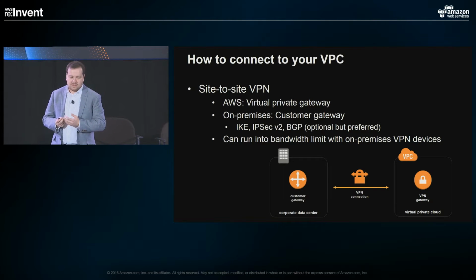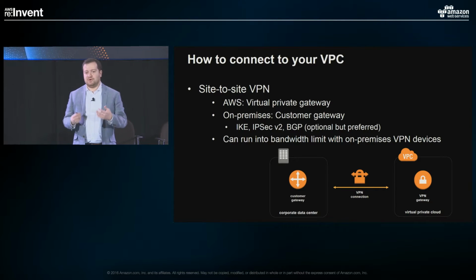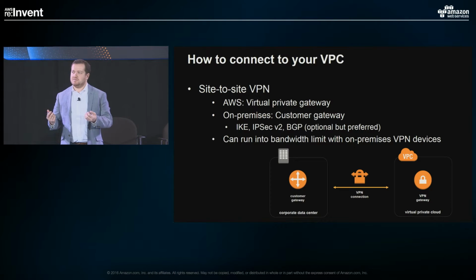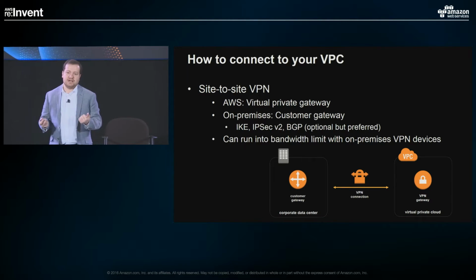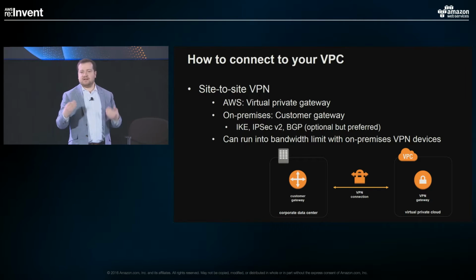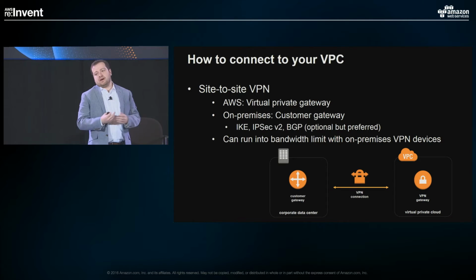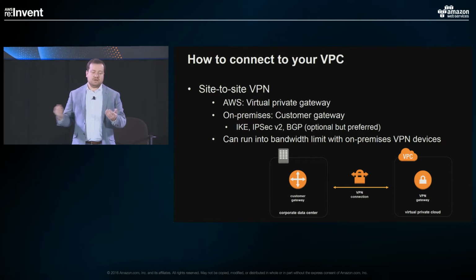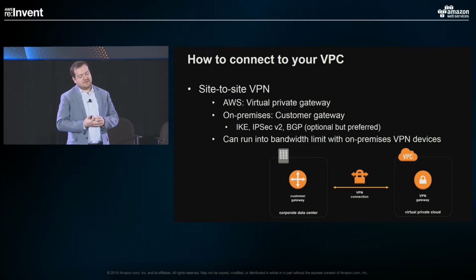One downside is that you can run into a bandwidth limit with your VPN device. On the virtual private gateway side, I've never seen a customer run into a bandwidth limit, but on the customer gateway side, your VPN device could have, let's say, a 500 megabit limit for its IPsec connections. If you run into that limit, you're going to have to get a higher-end VPN device.